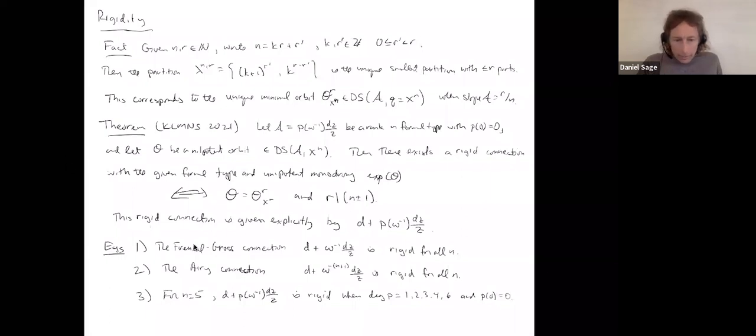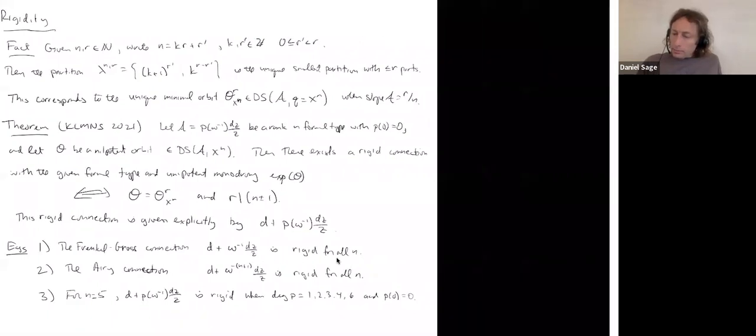So the connections I gave earlier, the Frankel-Gross connection and the Airy connection, are actually rigid for all n. That explains why they've been so important in recent work in geometric Langlands. They're in some sense motivic, and rigidity is related to that.